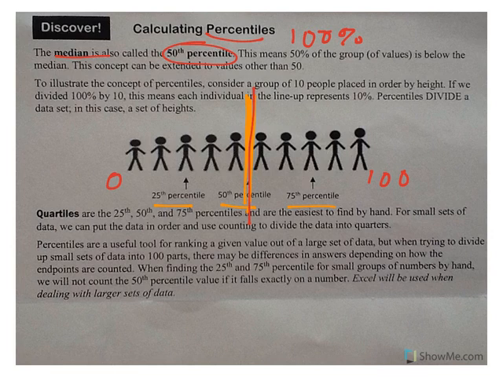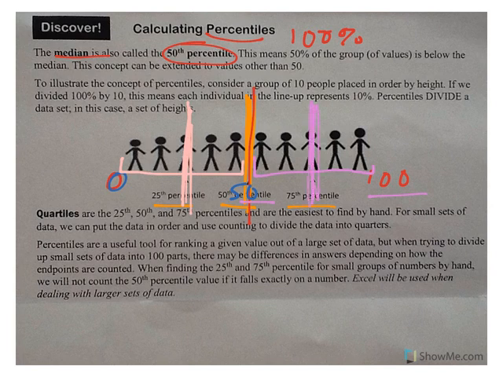Well, from 0 to 50, halfway between 0 and 50 is 25. So if I just find the median of these first 5 people, halfway between that is this person. That's my 25th percentile. Similarly, if I go to the top half, between 50 and 100, halfway between 50 and 100 is 75.